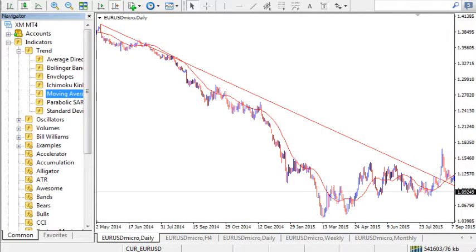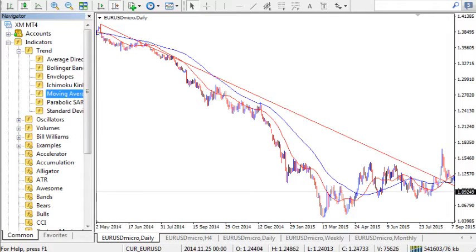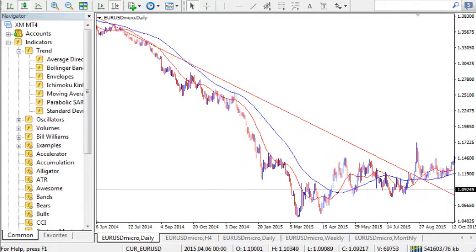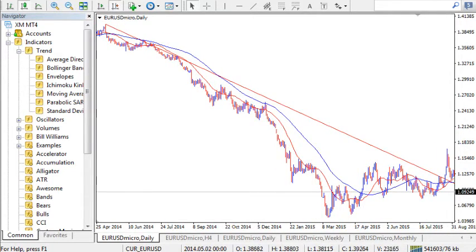We add another moving average, the 55, the next Fibonacci number, and another color here. I'm gonna choose blue one. And since the number of the periods is higher, the slope of this moving average is a lot smoother, and we see that we have a lot less touches with this moving average.